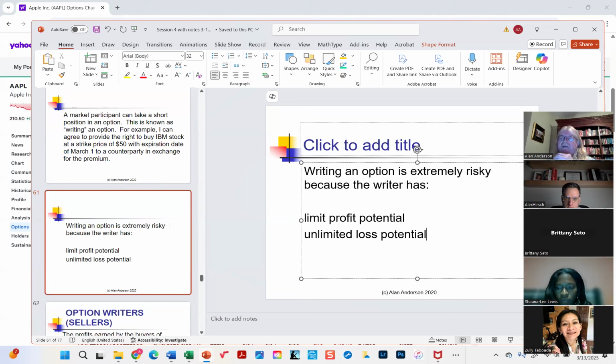Everything's working backwards, okay? Because I'm giving the right to somebody else to decide whether they want to buy the IBM stock. So they will exercise that right when it's profitable to do so, but that profit comes out of my pocket.